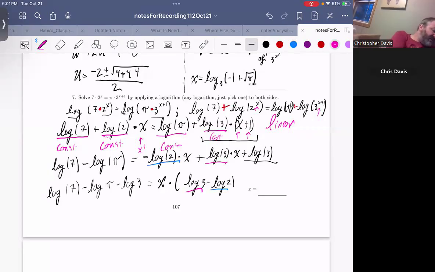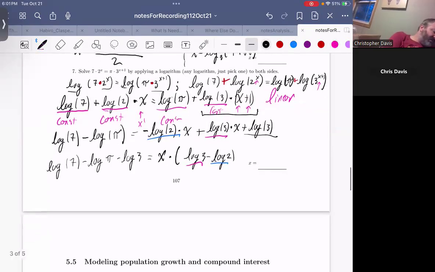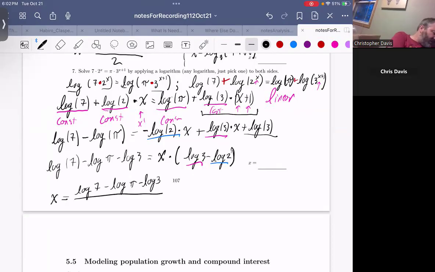Right, I'd rather see log 3 minus log 2 than negative log 2 plus log 3. All right, well, I'm basically done now, right? Now you just need to divide by whatever's next to that x. Looks like the answer I'm getting is x equals log 7 minus log pi minus log 3 all over log 3 minus log 2.